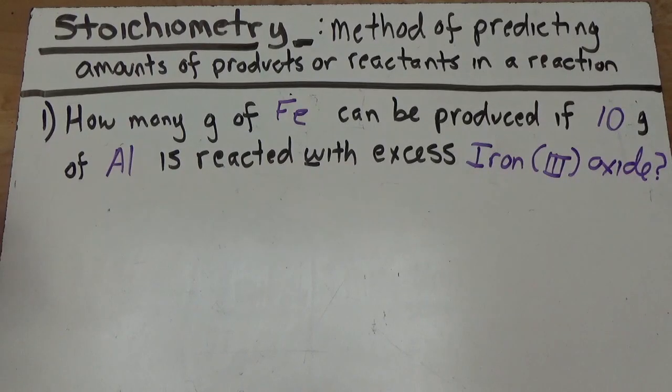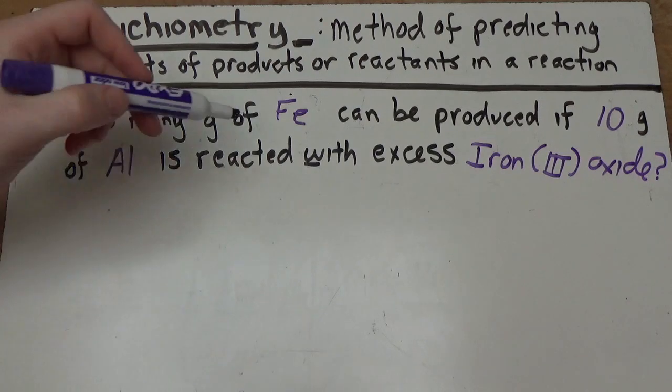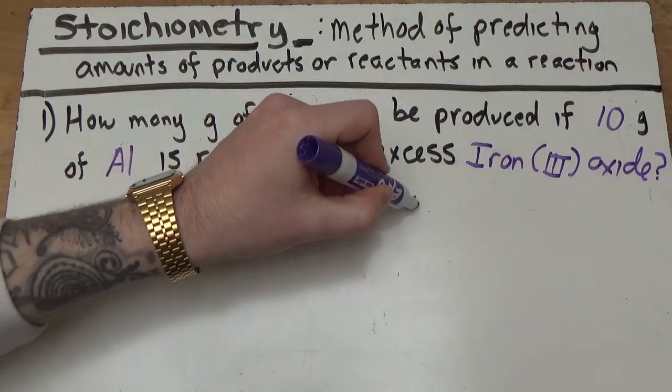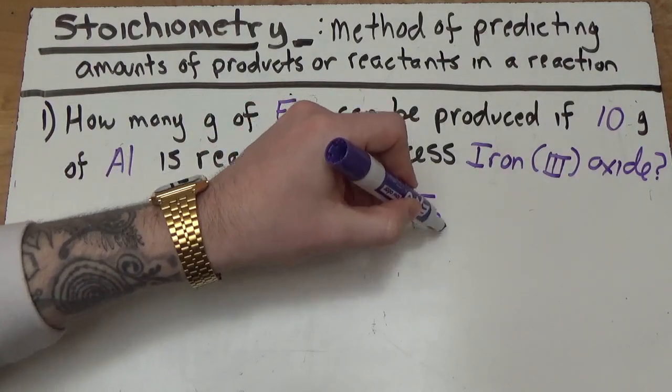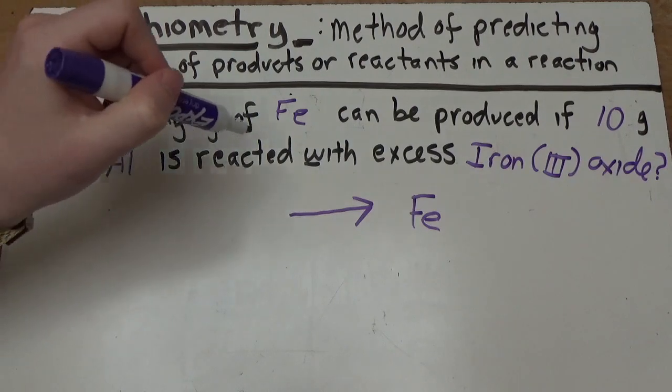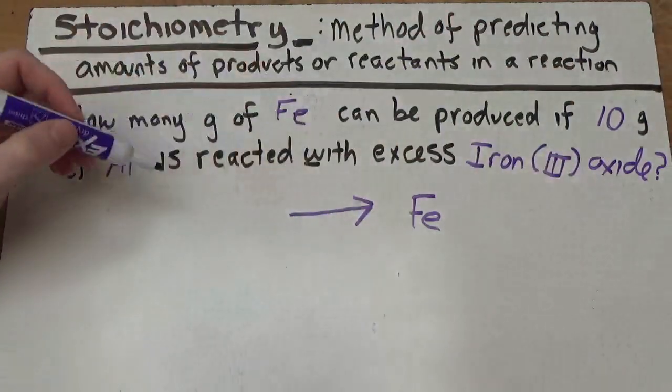Again, step number 1 is figure out what the reaction is and then balance it. So iron is being produced. So iron is definitely going to be on this side of my reaction. And aluminum is reacted with iron 3 oxide.